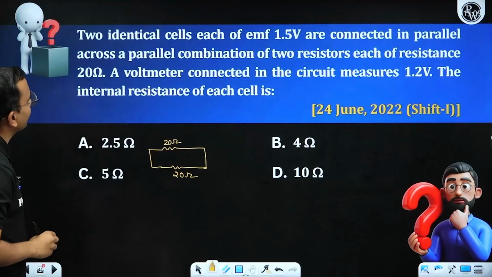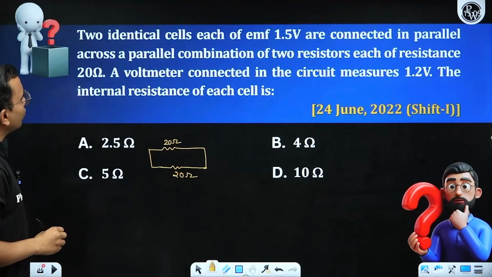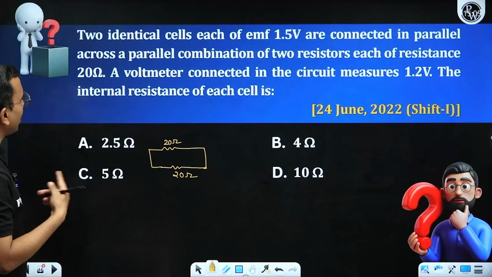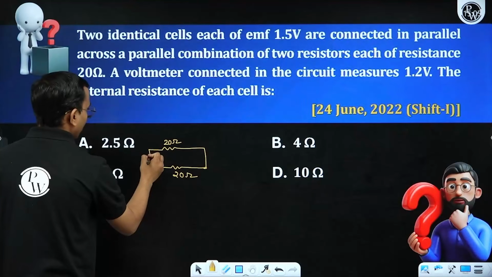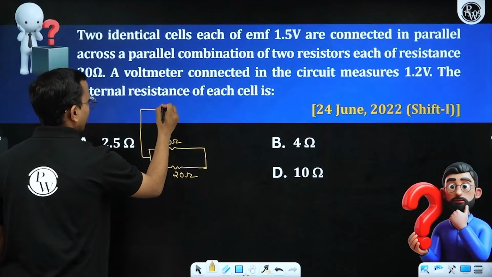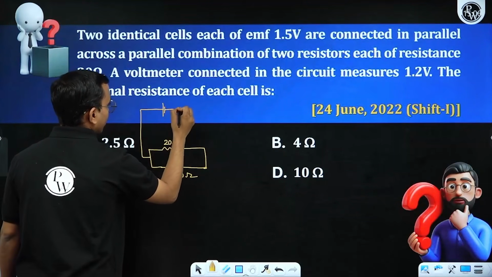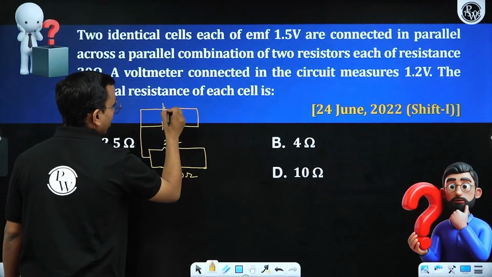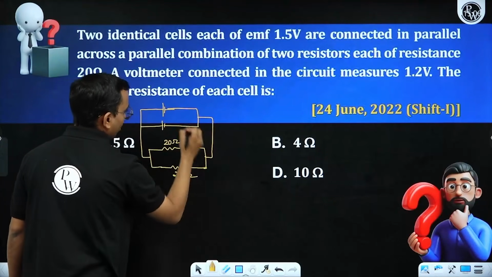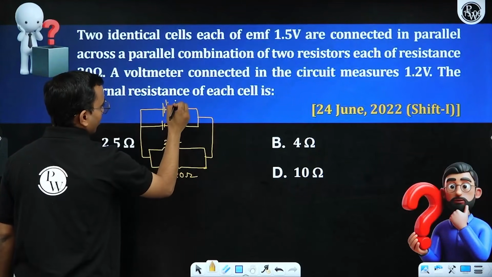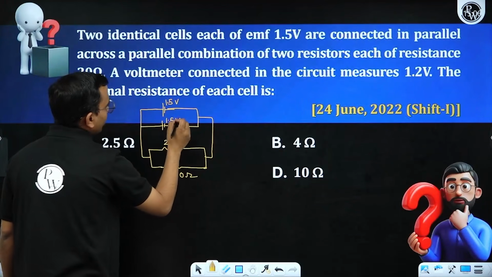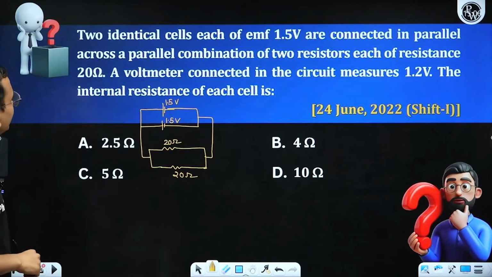Now, two identical cells, each of EMF 1.5 volt, are connected in parallel. This cell and this cell, this is 1.5 volt, this is 1.5 volt. Okay, some internal resistance will also be there.